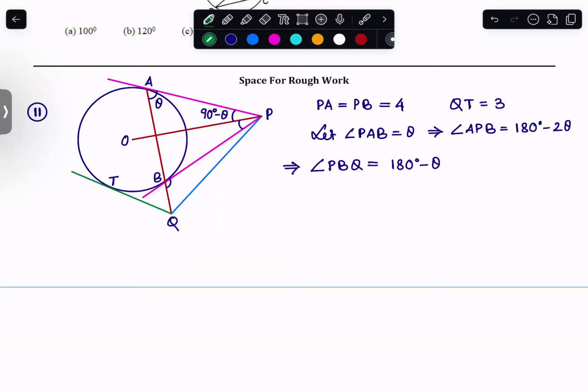Now, from triangle PAQ, PQ, better to say cos theta is equal with AP square plus AQ square minus PQ square by twice AP into AQ.